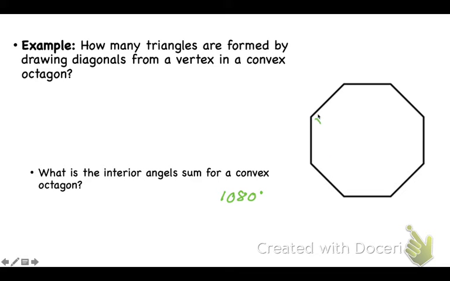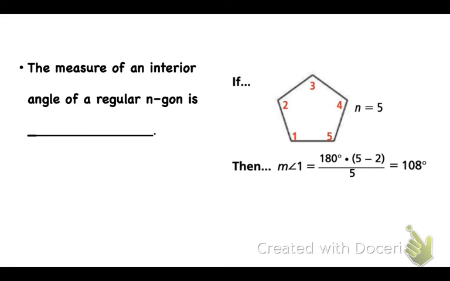And there were 8 equal angles. How would you figure out what one of them equaled? How many angles do I have? 8. So I divide by 8, because they're all equal. So you find the total number of degrees and divide it by the number of sides. So that's our formula.